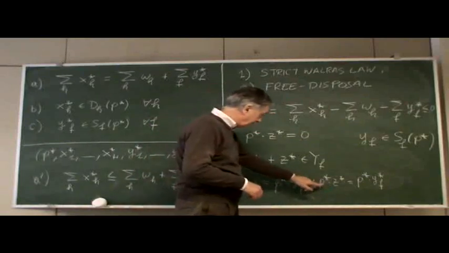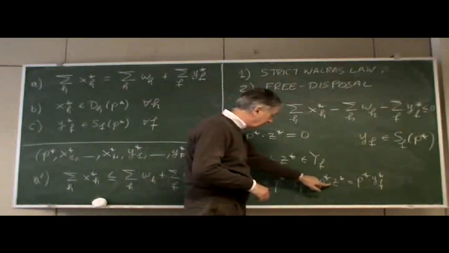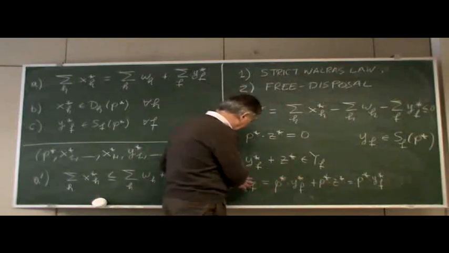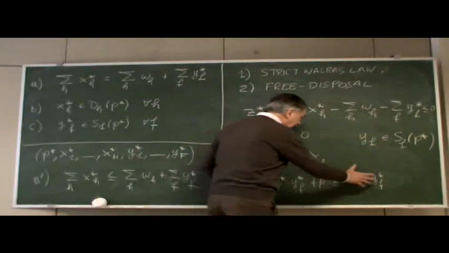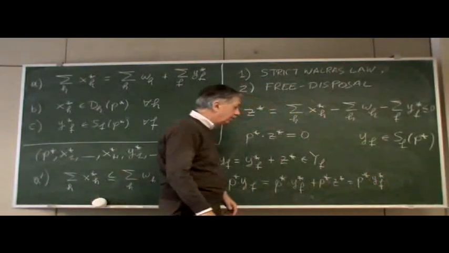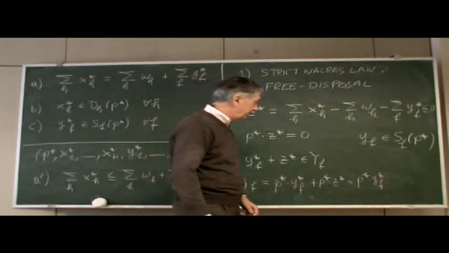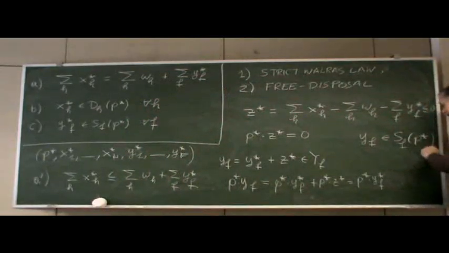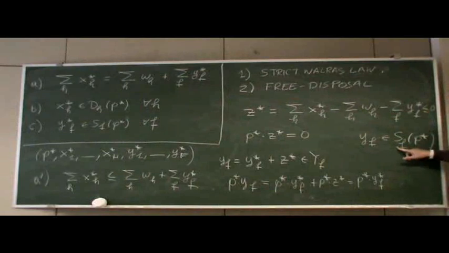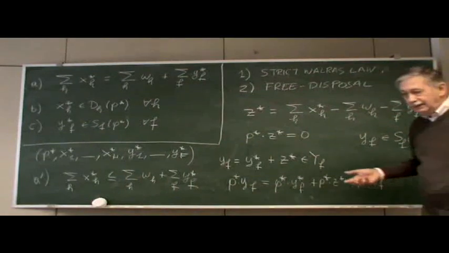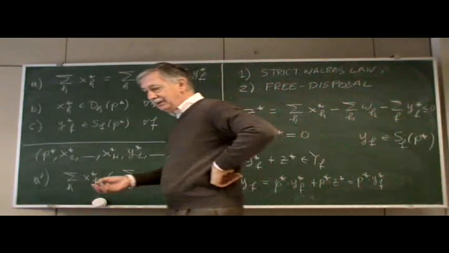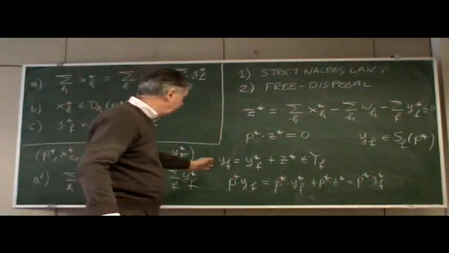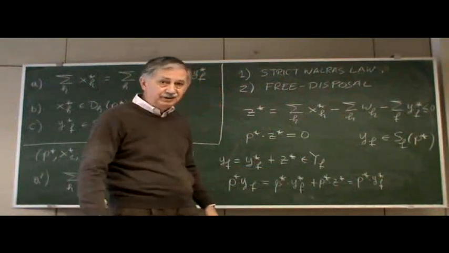But note that the inner product P star times Z star is 0. So the value of YF is exactly equal to the value of Y star F. This means that YF is another element of the supply correspondence, because clearly Y star F guaranteed the maximum profit, and therefore also YF has the same property.